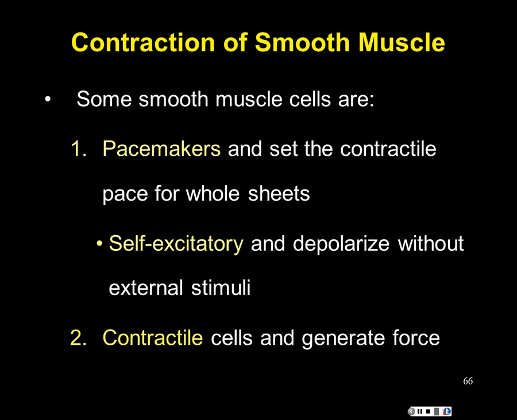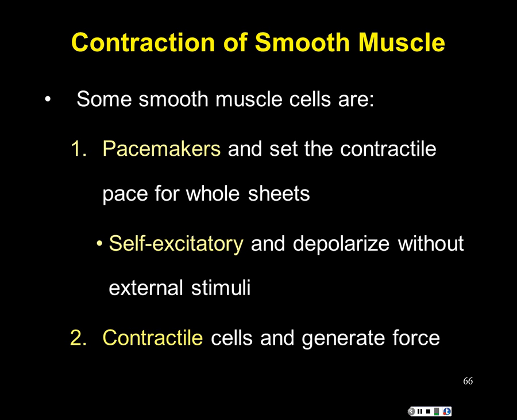Okay. So some of our smooth muscle cells are pacemaker cells that do set the contractile rhythm for a bunch of cells that are grouped together, described as sheets. They're self-excitatory. They spontaneously depolarize without external stimulus, or we said they're intrinsically regulated.